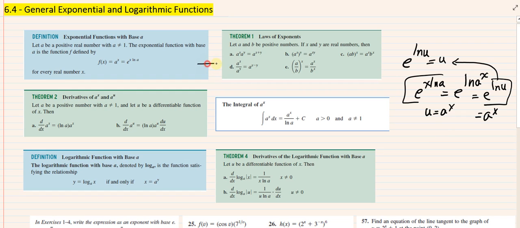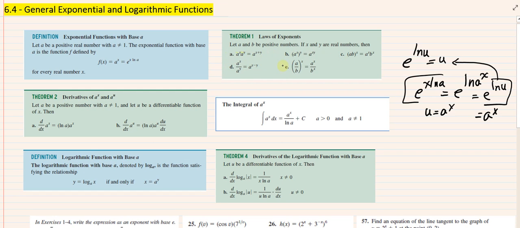Next to that, we have a theorem which recalls the properties or laws of exponents. Here you recognize the familiar laws. You have the multiplication rule of exponents, you have the quotient rule, and you have these 3 power rules of exponents.